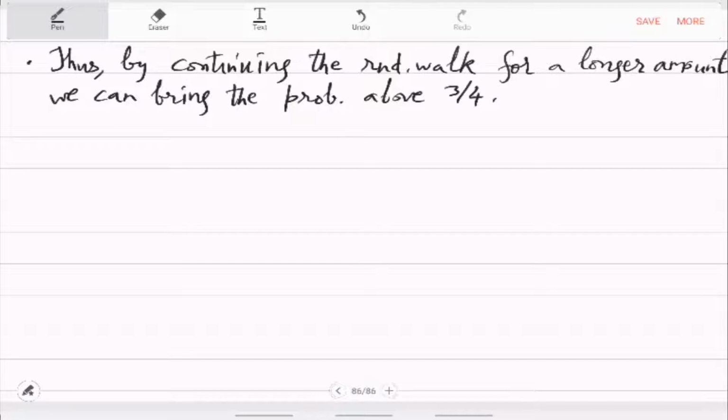So with sufficiently high probability, you can reduce the error probability to quite small.